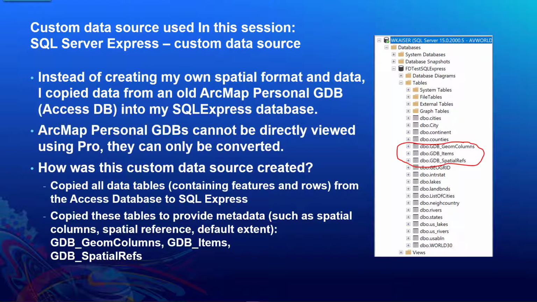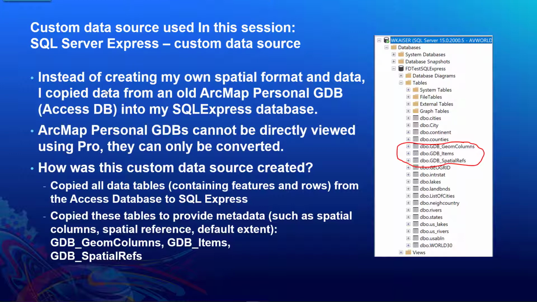So let's talk about how I created this custom data source that I'm going to use in this session. I could have created my own spatial data and my own format in the SQL Express database, but instead I copied data from an old ArcMap personal geodatabase, which is the Microsoft Access database format, and I copied that into my SQL Express database.